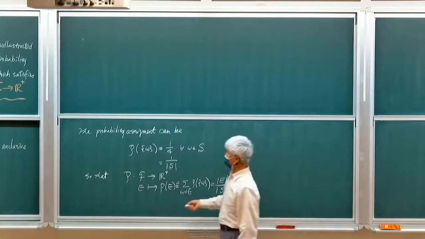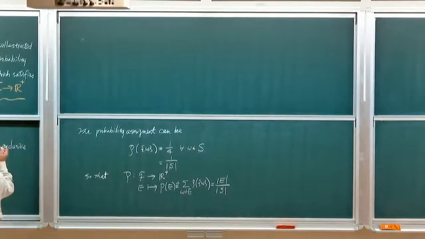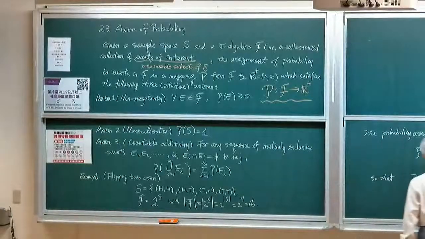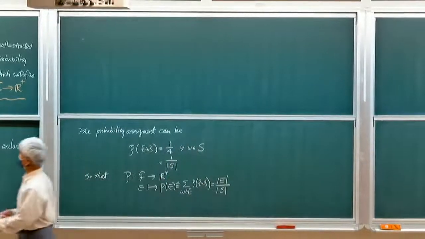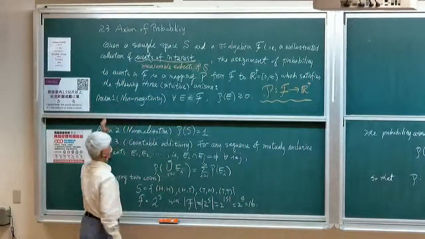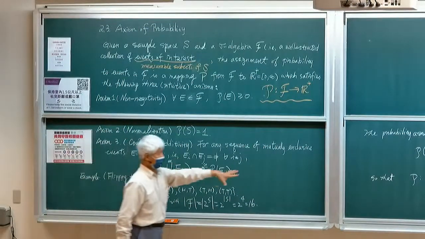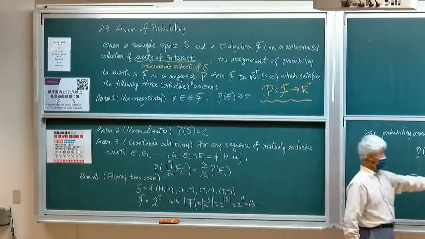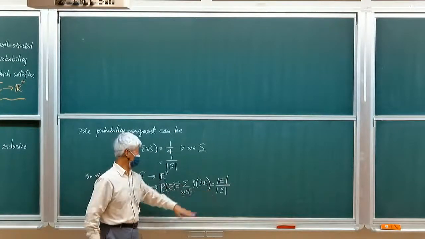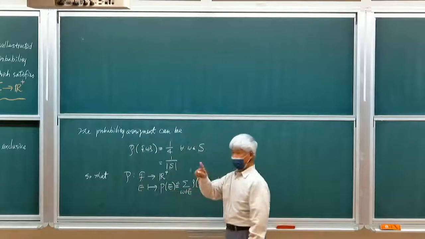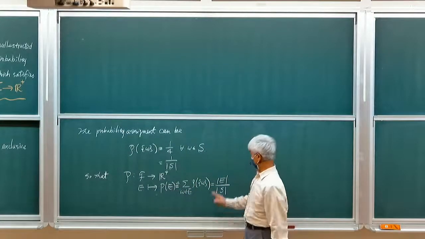Now let's check that this is indeed a probability assignment. Let's go back to check. Non-negativity: yes, because by this definition, the value is a non-negative number. For example, if E is the empty set, then this is 0.